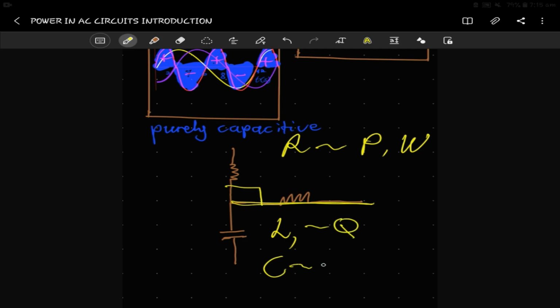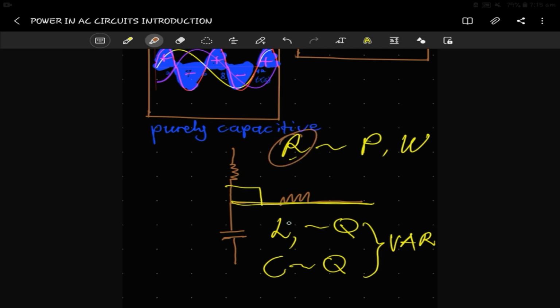The capacitor is related to reactive power, but then the units are different. The reactive power still has the same unit, which is Volt-Amperes Reactive, right?